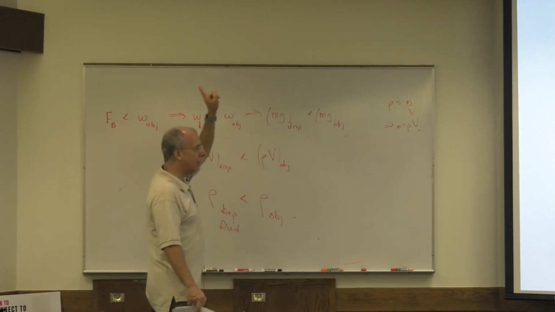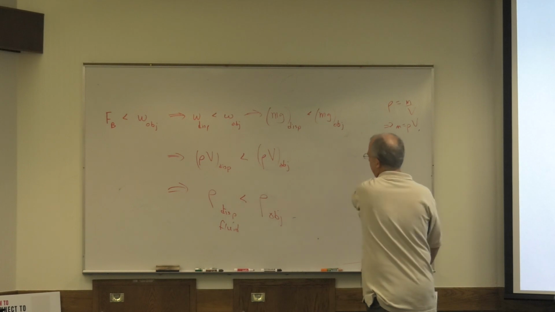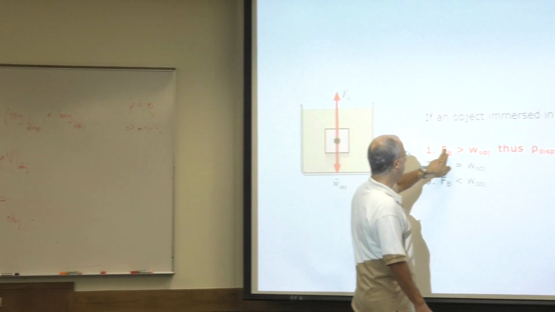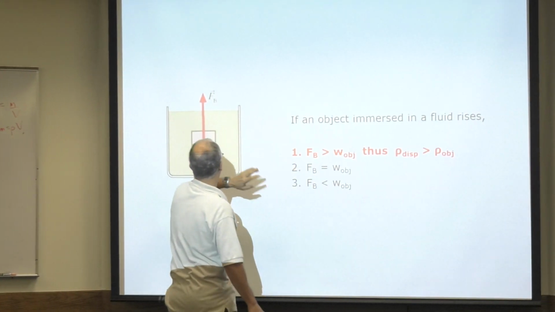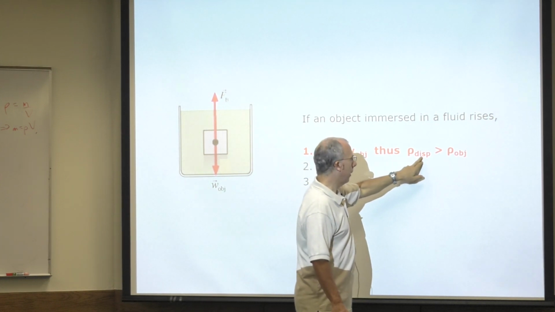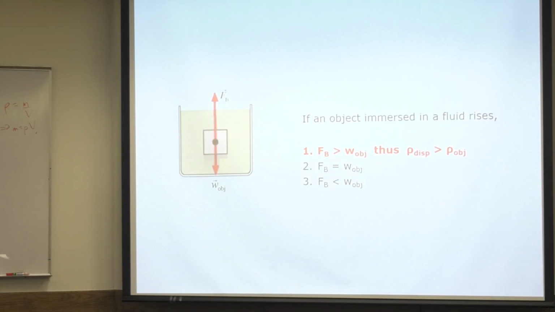This one rises, so sort of obvious, right? You can do the same thing, and you ought to really do it. So if the buoyant force is bigger than the weight of the object, then the density of the displaced fluid is greater than the density of the object, using the same logic.